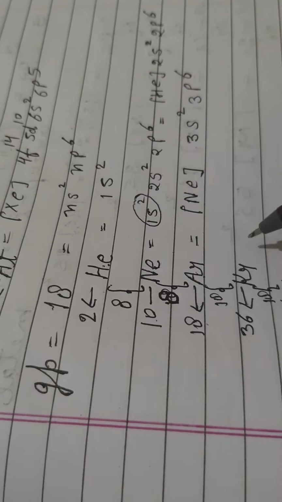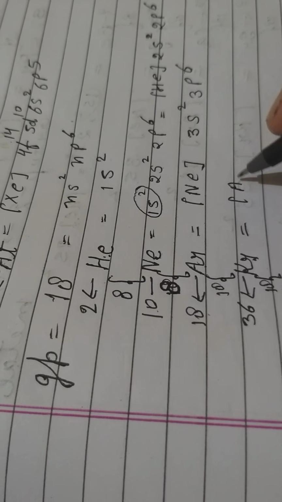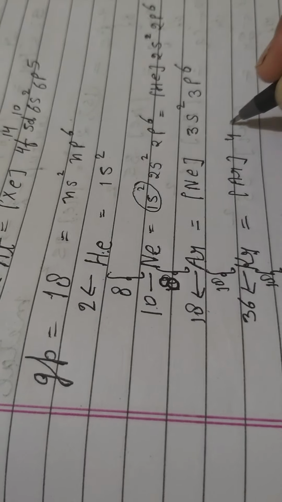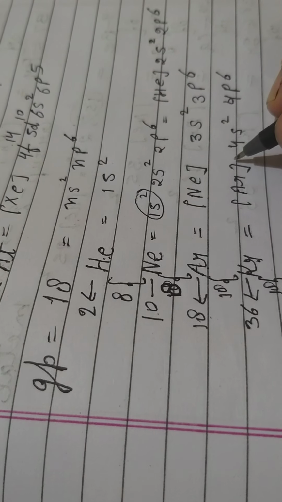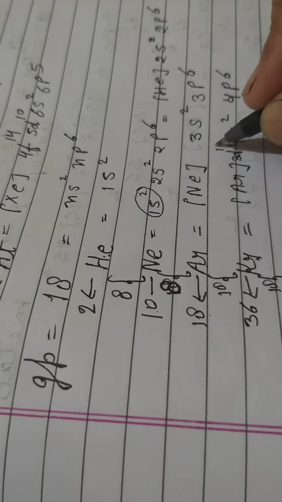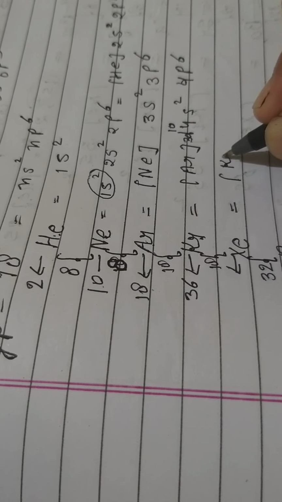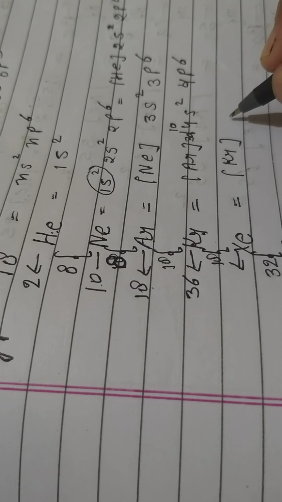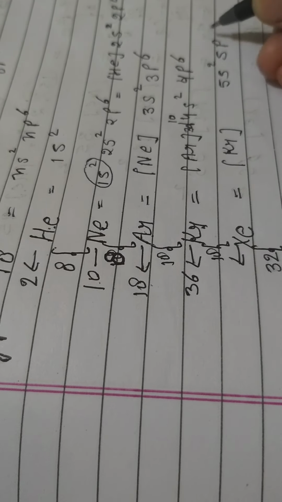As you are doing the configuration of krypton, you have to use the noble gas of the period just above. This is of argon, so you can write there argon, and this is 4s2 and 4p6. But the d block also starts, so here you have to write 3d10. For xenon you can write after argon krypton comes. Okay, so now you have to write 5s2 and 5p6.